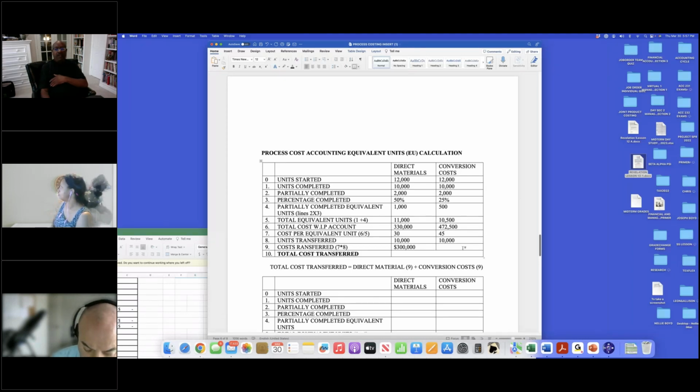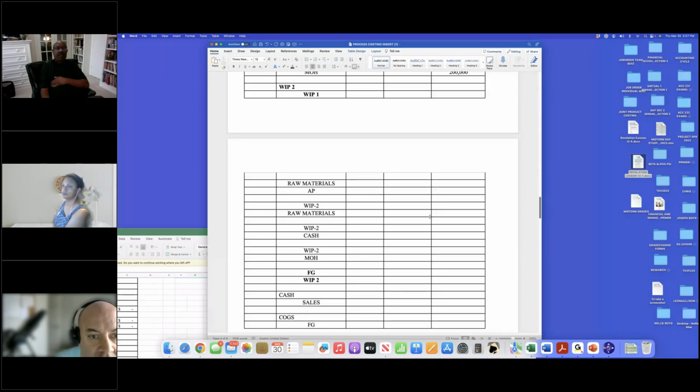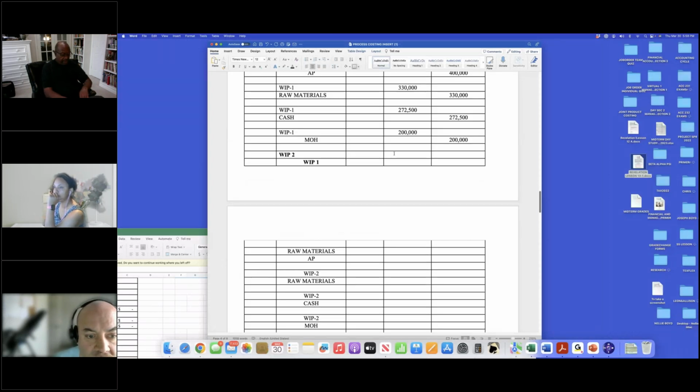Then we're gonna add these two numbers up, which is gonna give us 750,000 total cost transferred. That's correct. So we use this chart to come up with the amount that's going to go in this journal entry. So of those costs, 750,000 is transferred out.